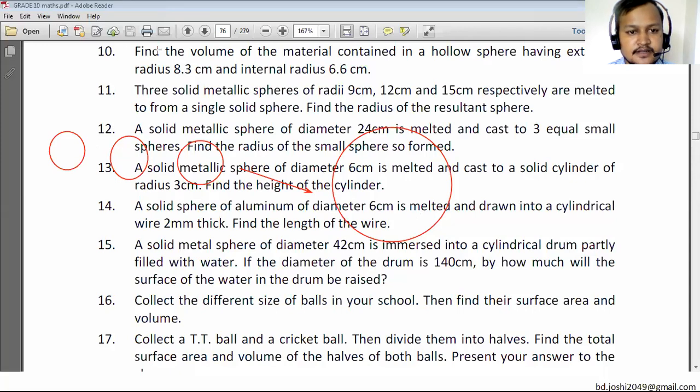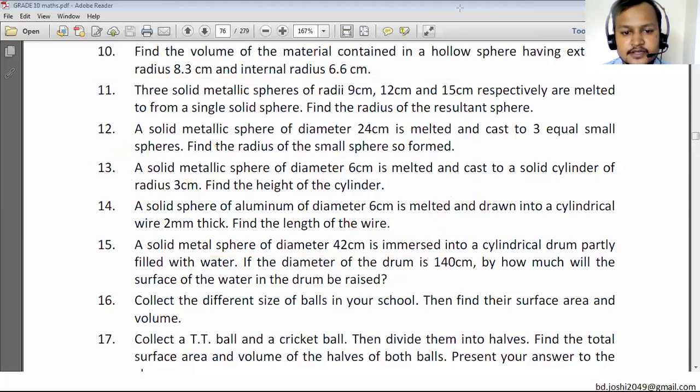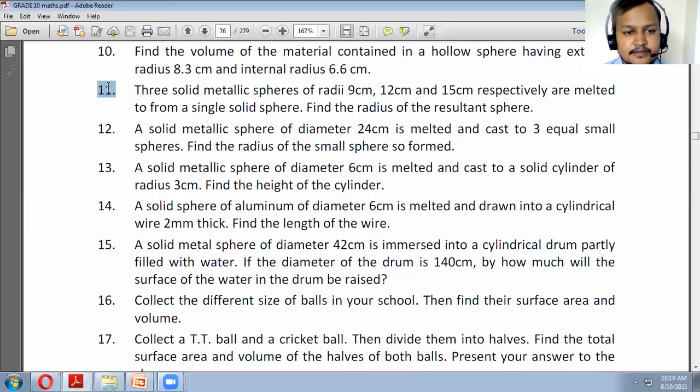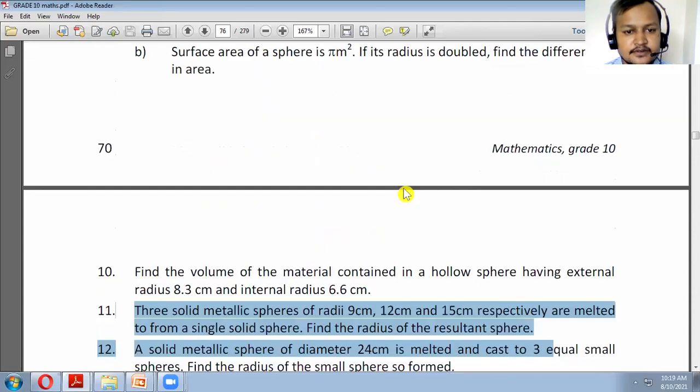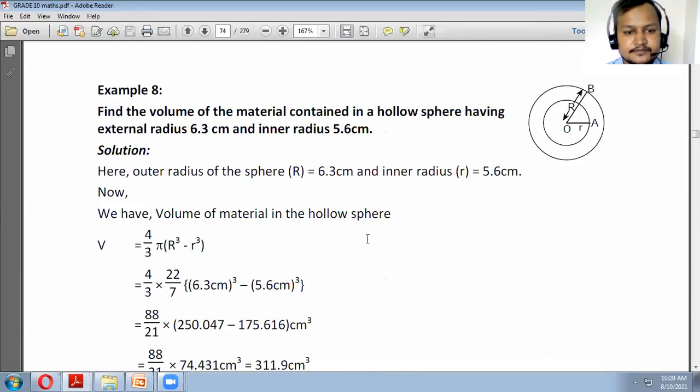For this question we have to find out the volume of all spheres and add those volumes, and after adding those volumes we will get the volume of the big sphere, and again we have to use the formula of volume to get the radius. I left this question for you because it is given in the example. Otherwise it is a new type of question.